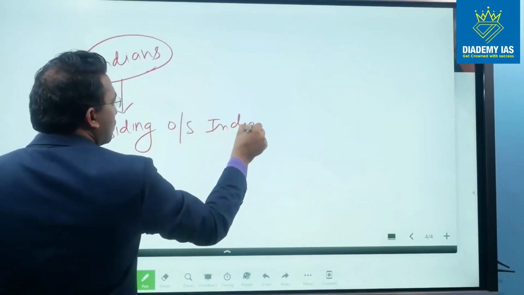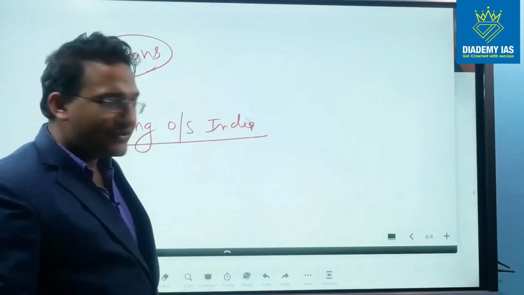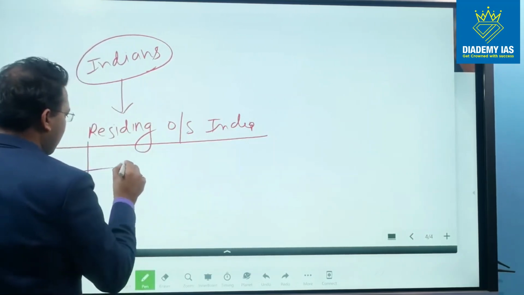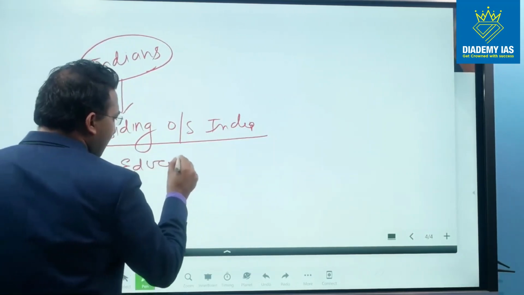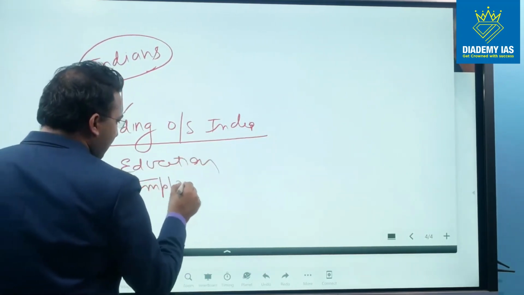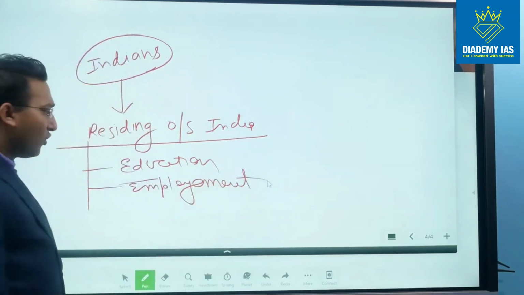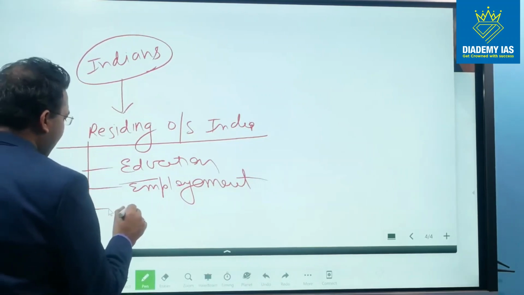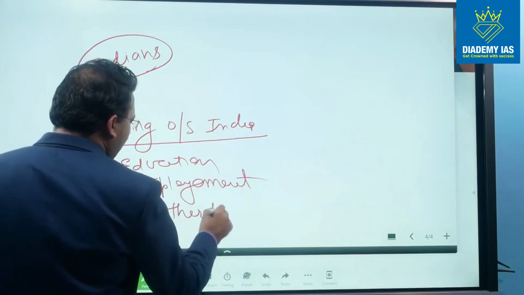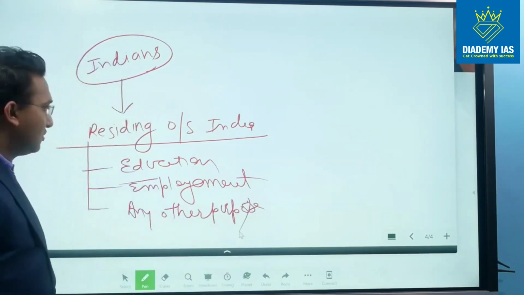You might have many people in your family and friends who are outside India for education purpose. Maybe they are pursuing some masters, or maybe they are there for employment purpose. They are working in some government organization like United Nations, or maybe a private company like Infosys, or they can be there for any other purpose also, right? For personal purpose, like for example, for the purpose of staying there after the marriage.